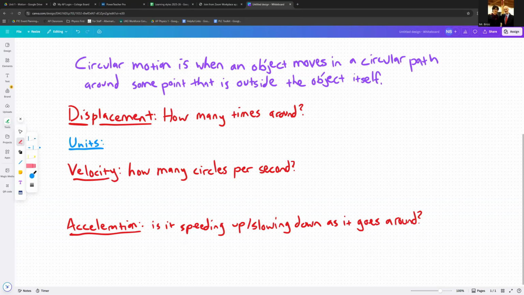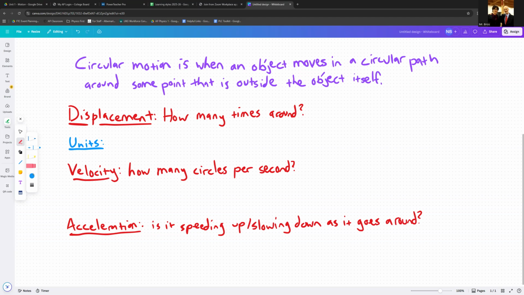So pi radians would be half of a circle, 2 pi radians, one full circle, etc. Radians are just easier to deal with because that way, if you go around 50 times, you say, okay, 50 full circles is still just 100 pi radians, because 2 pi is a full circle times 50 circles would be 100 pi radians. It's easier to work with those numbers than something like degrees.